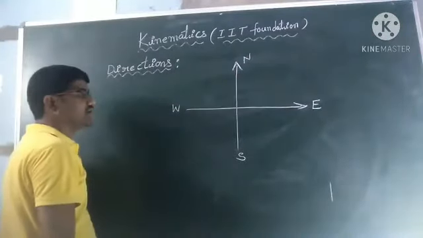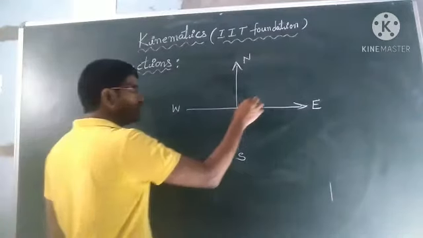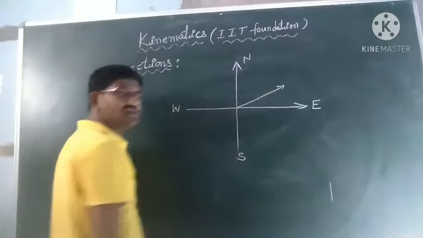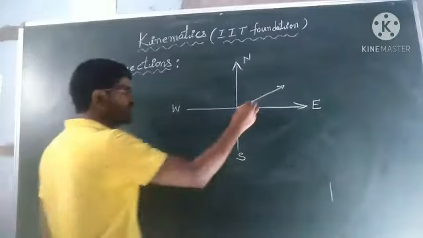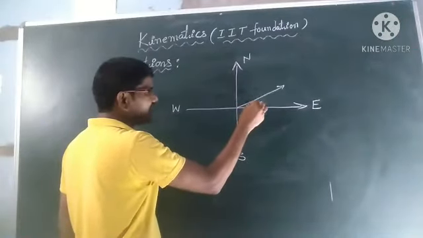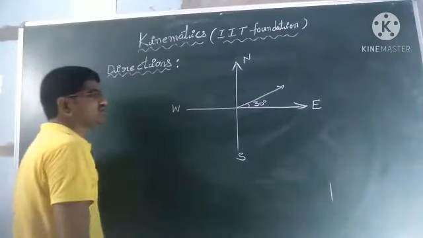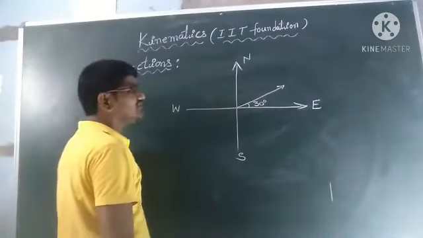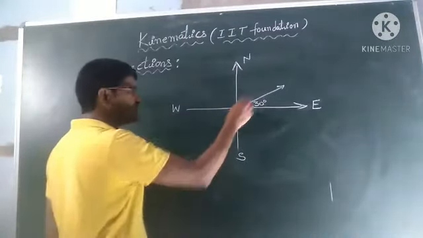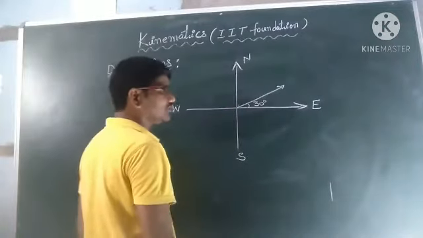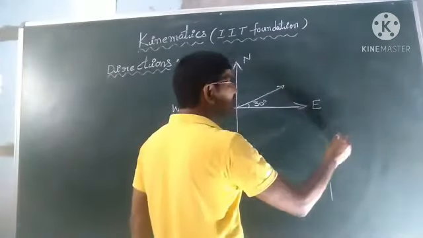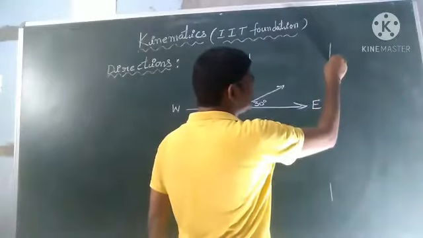Now something is represented like this, and it is making an angle of 30 degrees, so it is not exactly lying. Exactly means it should be 45 degrees, you know.